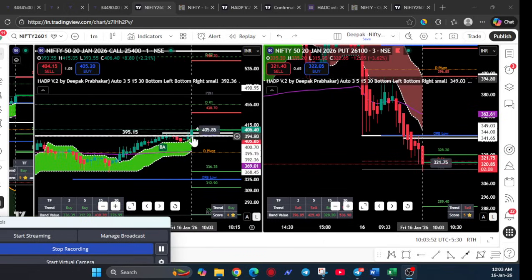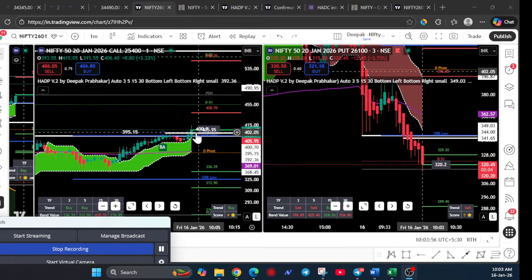From 400.7 to 415 is again 15 points on a 1 minute candle.